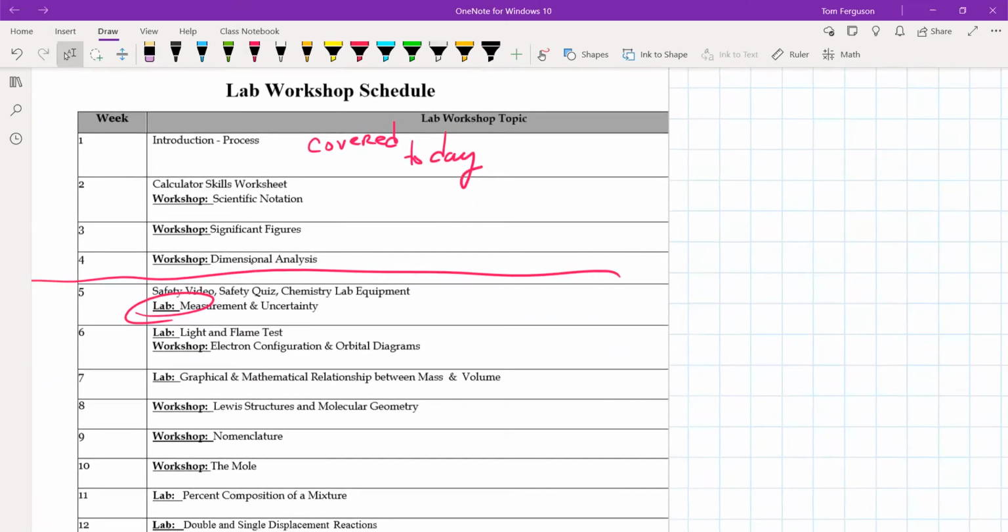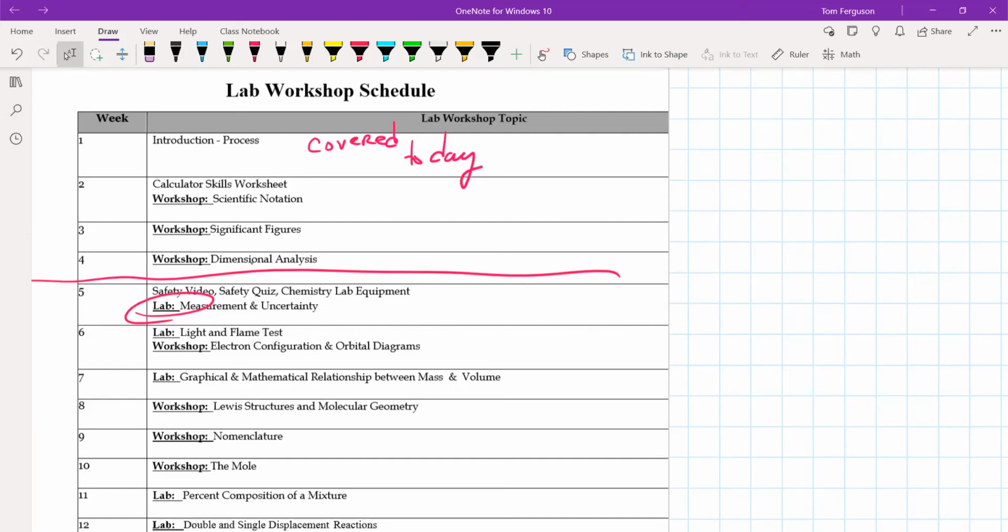Now, the workshops basically are just lots more practice. I'm going to cover, for example, in scientific notation, the concept of scientific notation, and then we're going to practice it a lot. Some of you have already mentioned you've had this in high school already. If you don't need to work on scientific notation, you don't have to spend your time in the workshop.